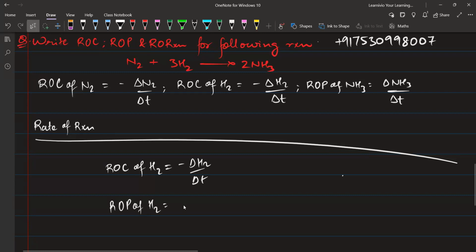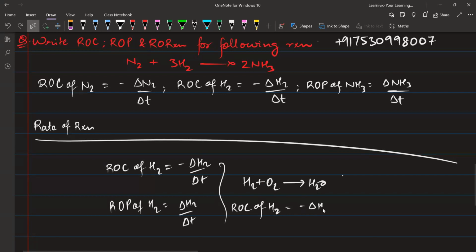Production is delta H2 by delta T. Now if there is a reaction, H2 plus O2 gives H2O, what is the rate of consumption of H2 in this case? Negative del H2 by del T.